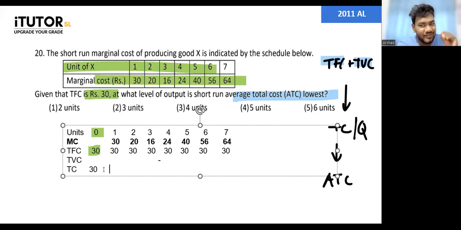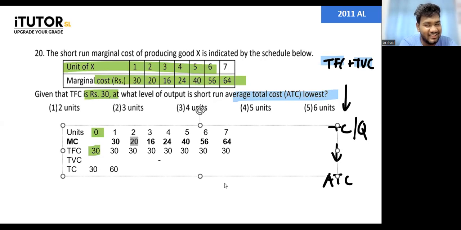To produce your first unit, you have to incur an additional cost of 30. When you are producing 0, your cost was already 30. Now, if you incur an additional 30, how much is your total cost then? Has to be 60. Then look at the second one. To produce your second unit, the question is saying marginal cost is 20. So how much is my total cost then?